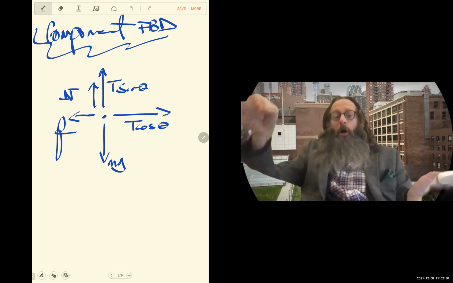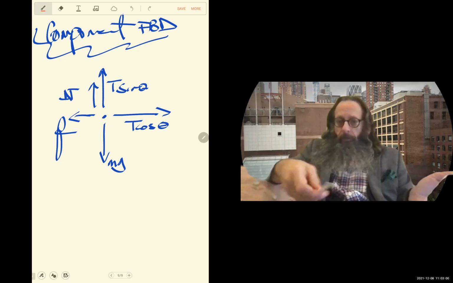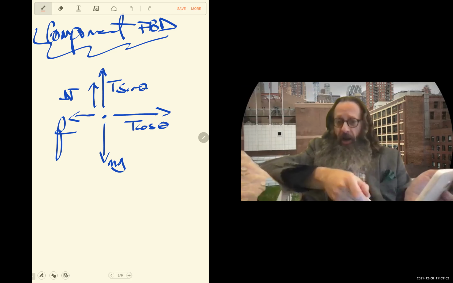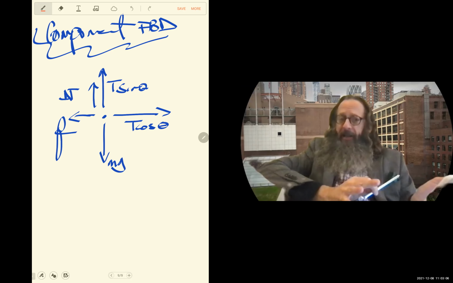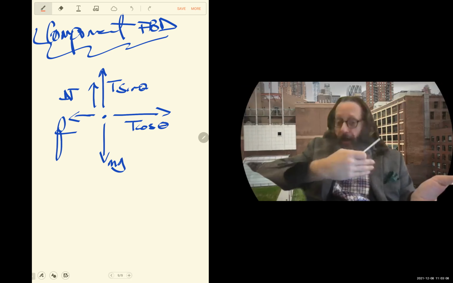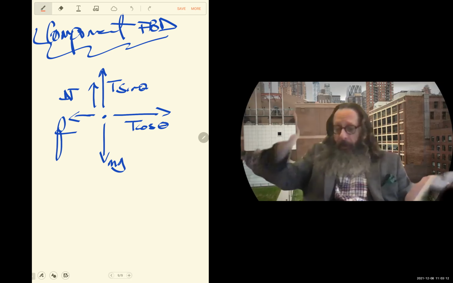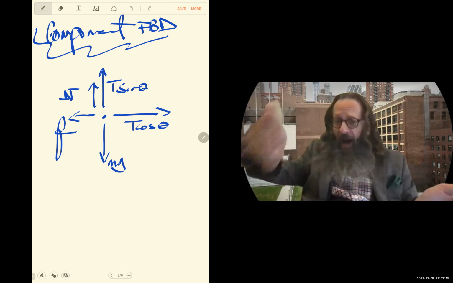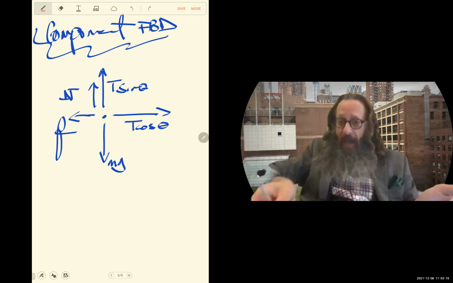So that one arrow got taken out and we substitute for it 2 component arrows, the T sine and the T cosine. So we now have a final component free body diagram that has a total of 5 forces acting on an object. As far as we're concerned now, we're looking at a mass that has 5 influences acting on it. What do we do now?